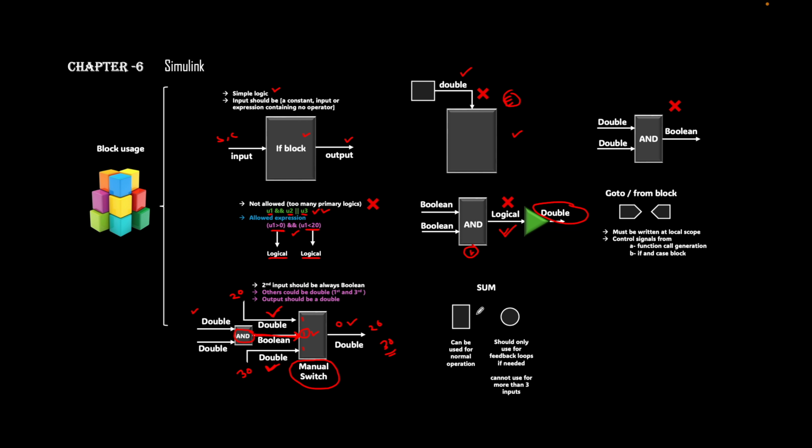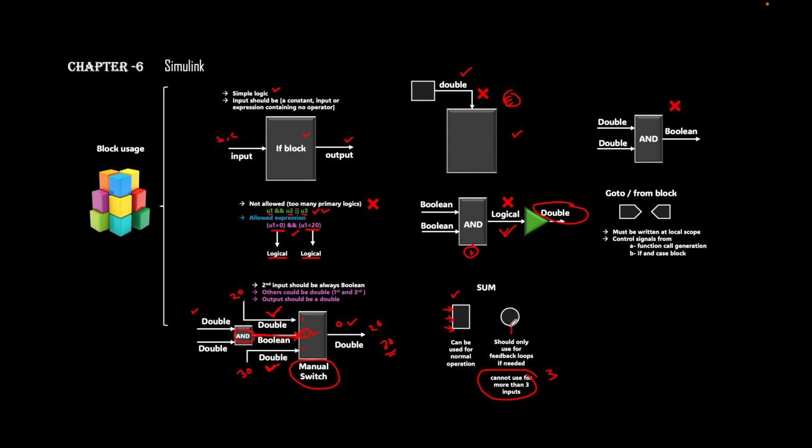Next is coming to the sum block. In the sum block, it is most preferable to use a rectangular sum block. In case of a rectangular sum block, it will be easier to connect a bunch of signals inside the sum block. But if you are using a circular sum block, then you can use maximally up to three inputs.